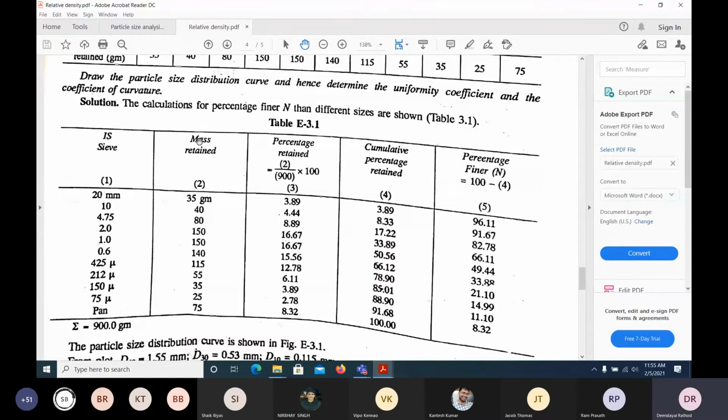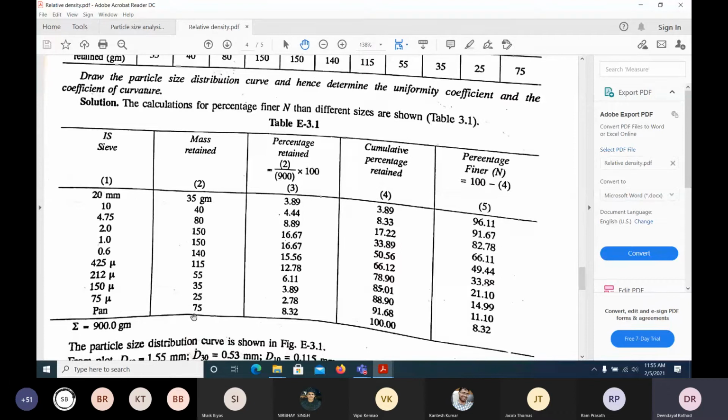So on the 20 mm sieve, that means 2 centimeters, 35 grams, 40 grams, 80 grams, 150 grams, and so on.